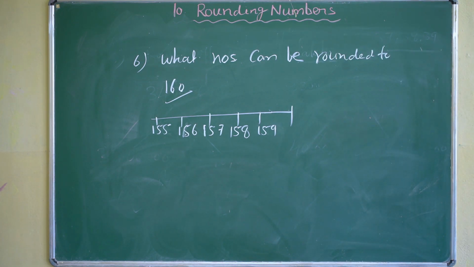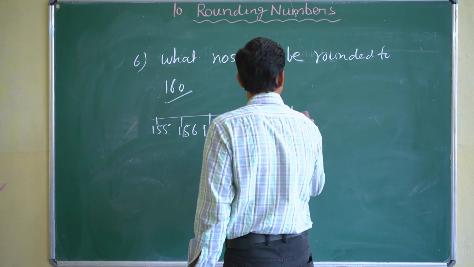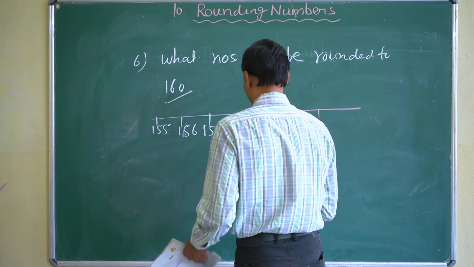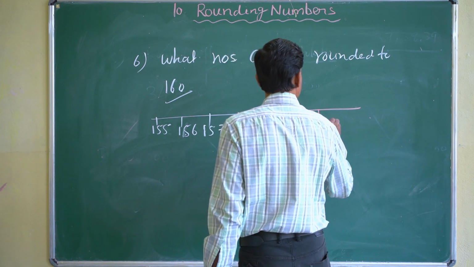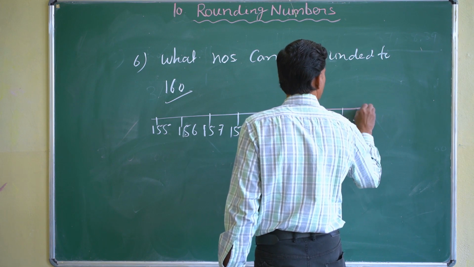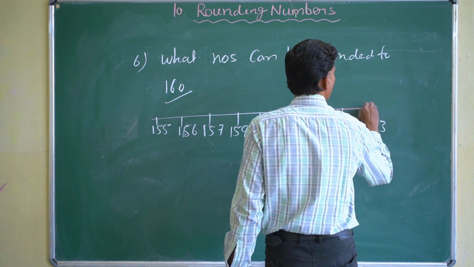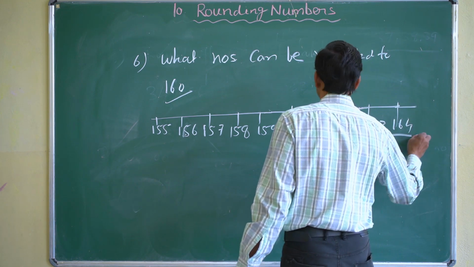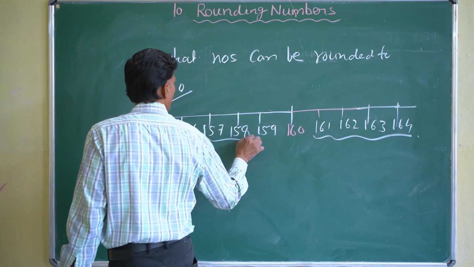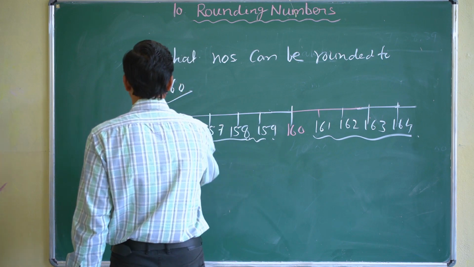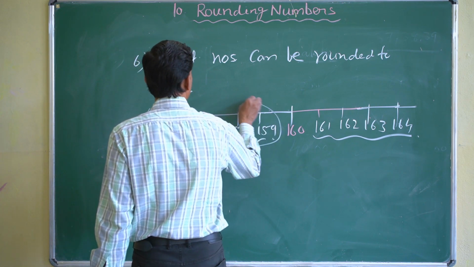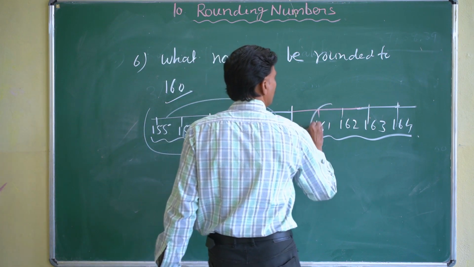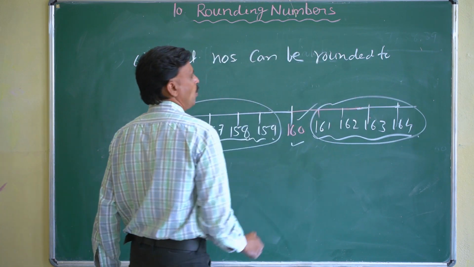And the numbers 161, 162, 163, 164, these also. When we round off these values, these numbers will give 160 and those numbers also will give 160.